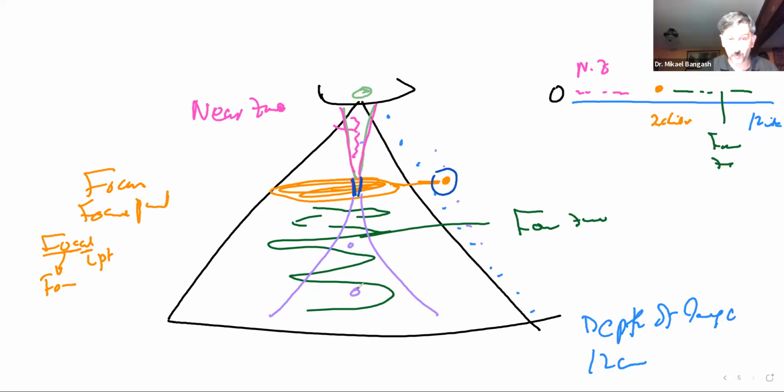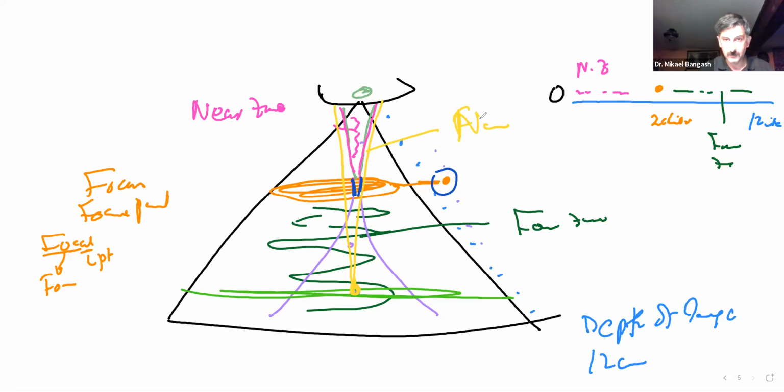If this becomes your focal point, your beam will keep on converging until it reaches its narrowest point here. This will be its near zone. This becomes the focus, and what do you have after that? Your far zone.